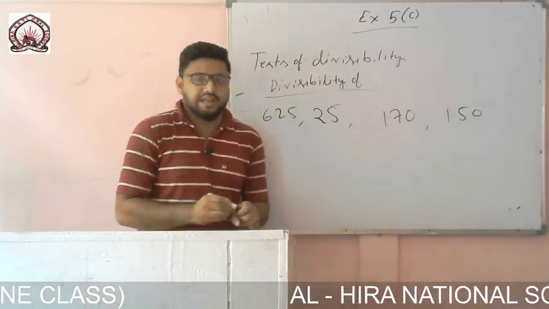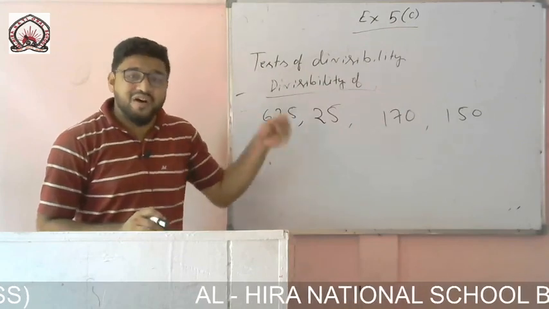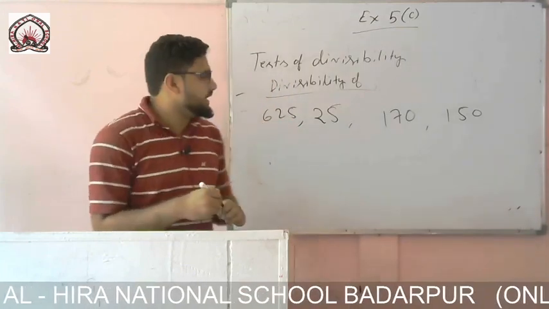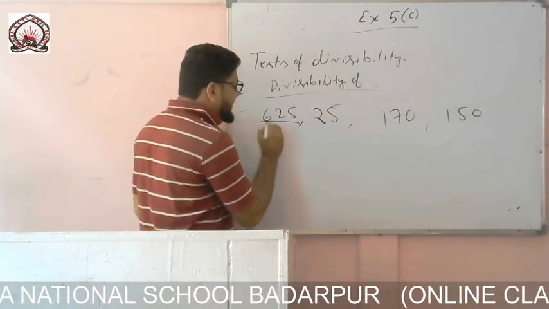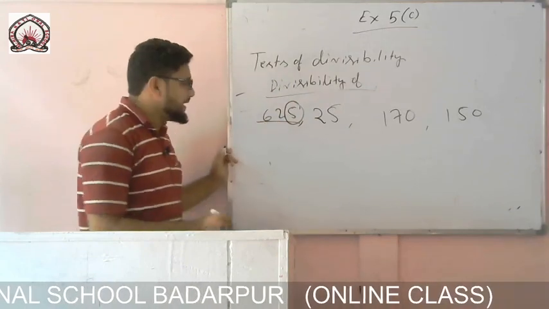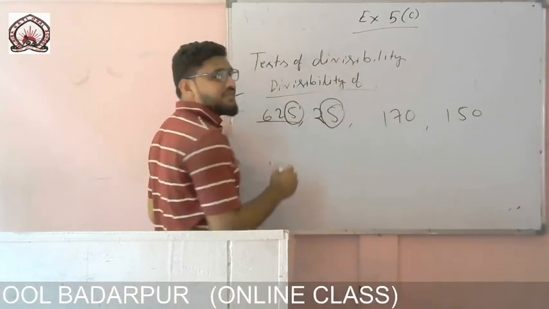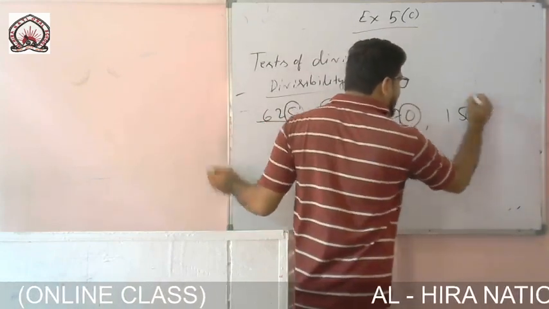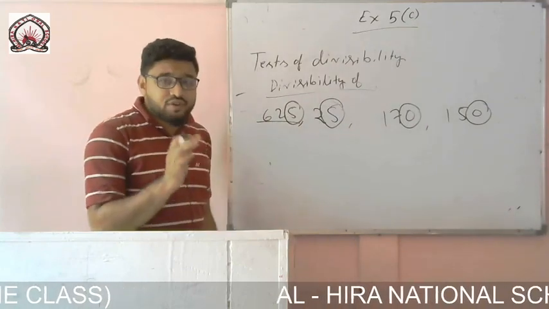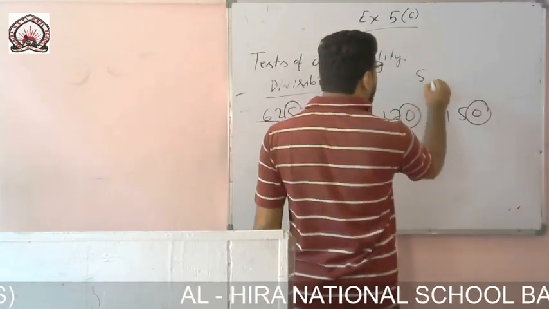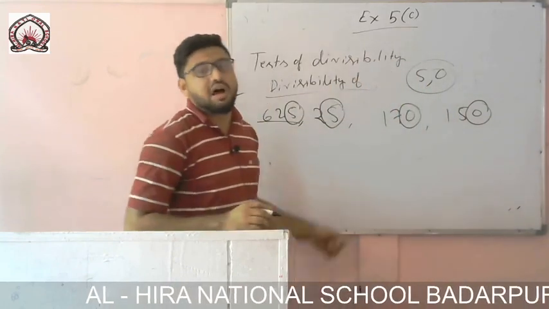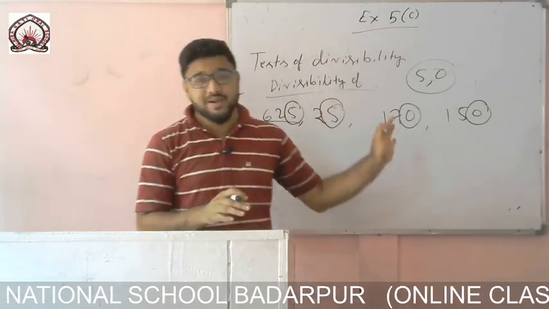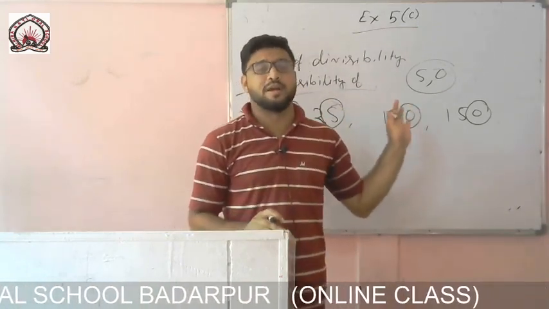If you see 5 or 0 in the unit place, then the whole number is divisible by 5. In 625 the unit place is 5. In 25 the unit place is 5. In 170 the unit place is 0. In 150 the unit place is 0. So if you see 5 or 0 in the unit place, then the whole number is divisible by 5.